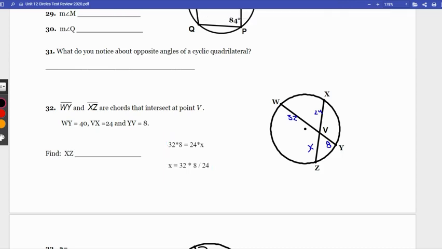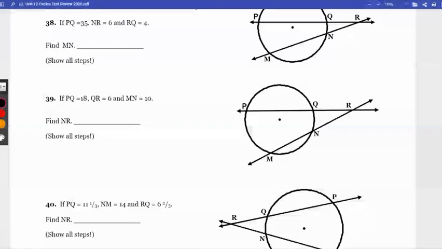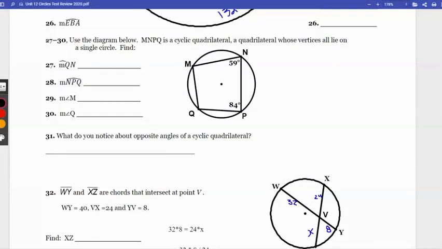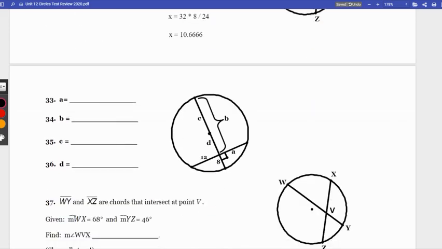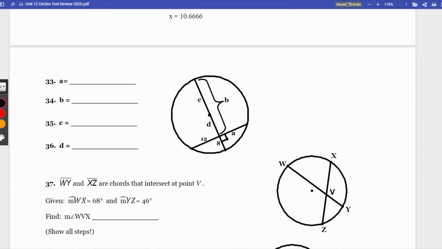So I am getting x equals 10 2/3. And so if this is 10 2/3, then we'll just add 24 to get XZ. So 24 plus 10 2/3 is 34 2/3. So there we go. And I will put up my answer key for this eventually. I'm just not going to do that just yet.